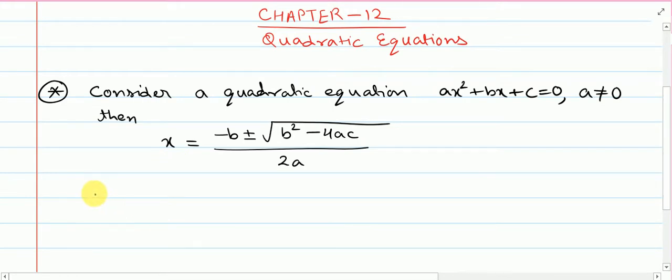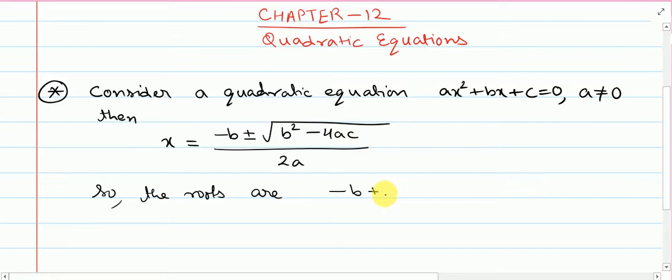Now, so the roots are minus b plus, once we will take plus and once we will take minus, because there would be two roots. Yes, because this is a quadratic equation.